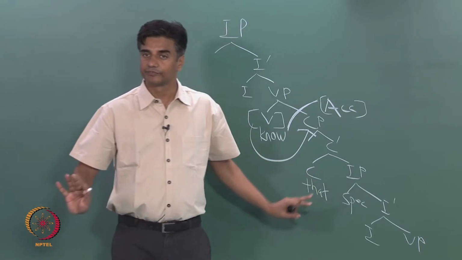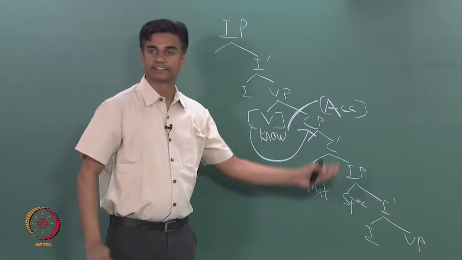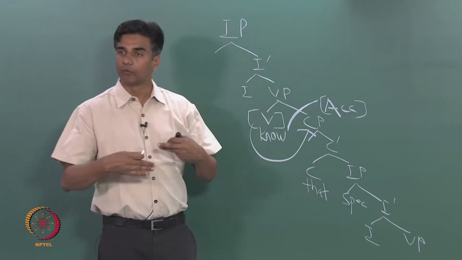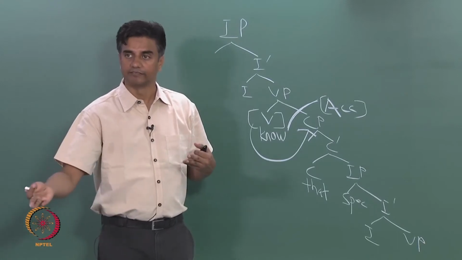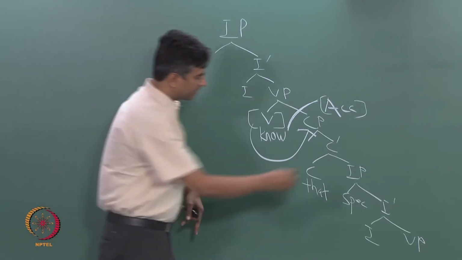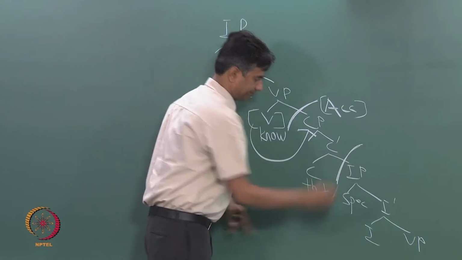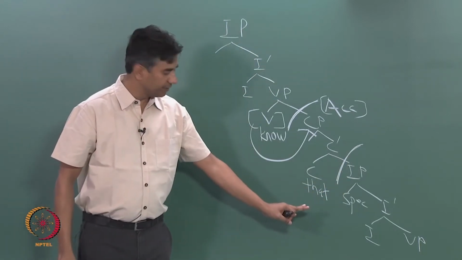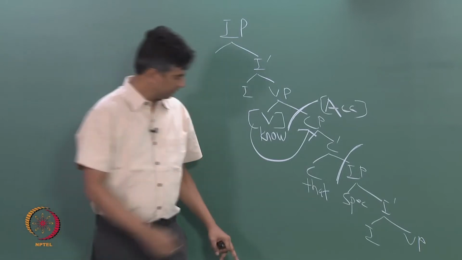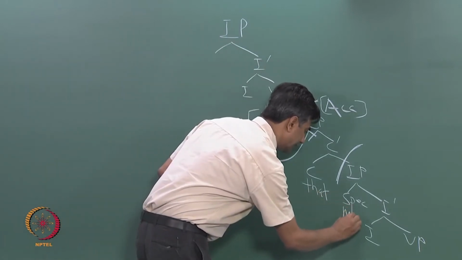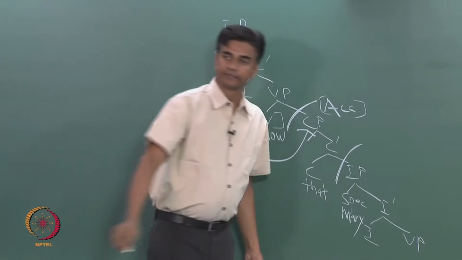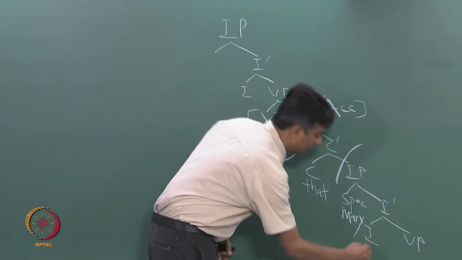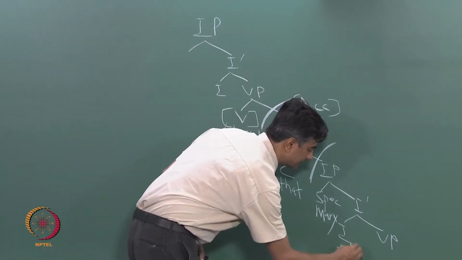Is that also clear? And you see the recursiveness of sentences, how one sentence is built into another. Okay? Now, let's look at this sentence. This IP. It is a good kind of IP where we have Mary in this position, right? And this I is a plus finite I.